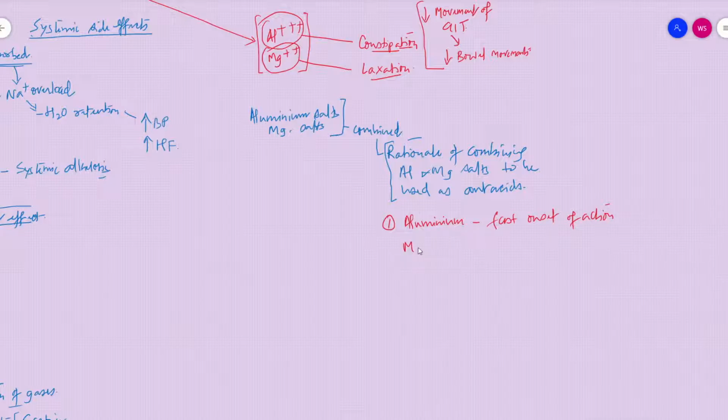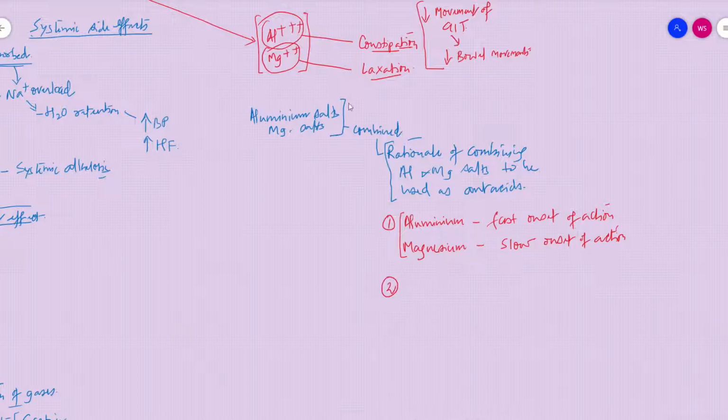Magnesium has a slow onset of action. If we give it as a combination, aluminum can immediately act as an antacid, so the patient will feel immediate relief. Then magnesium takes over, and it has a slow onset of action, but it has very good antacid efficiency. So that is one reason why aluminum and magnesium are combined.